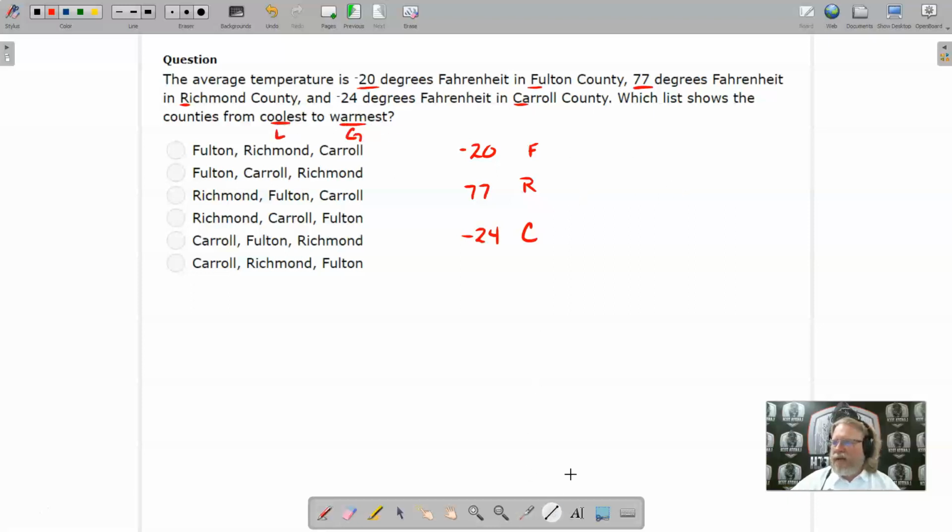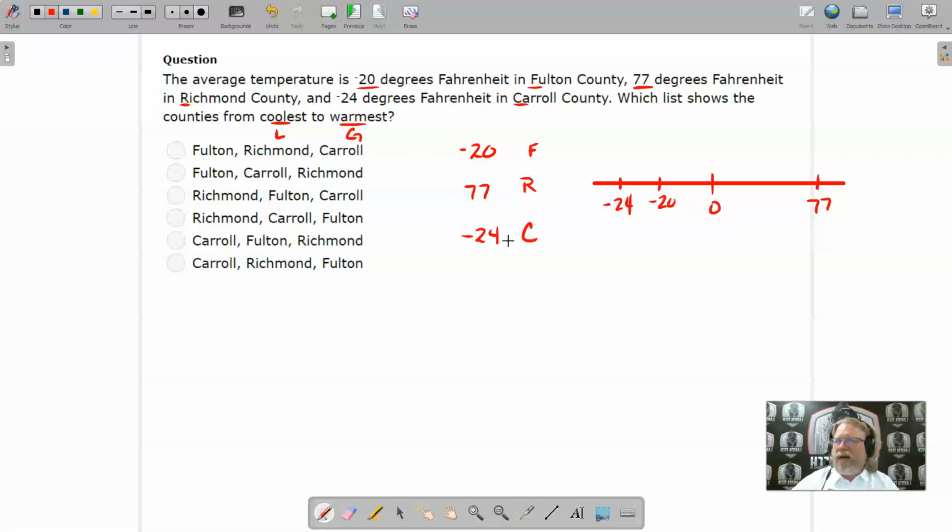So we can use a number line this time because I do have positive and negative numbers. That'll help a little bit. So here's my 0. The positive number is 77, so we'd find it over here someplace, right? And then -20 and -24. Well, if we start from 0 and start going back, we're going to get to -20 first, correct? Then after that, we get to -24. So we want them from least to greatest.